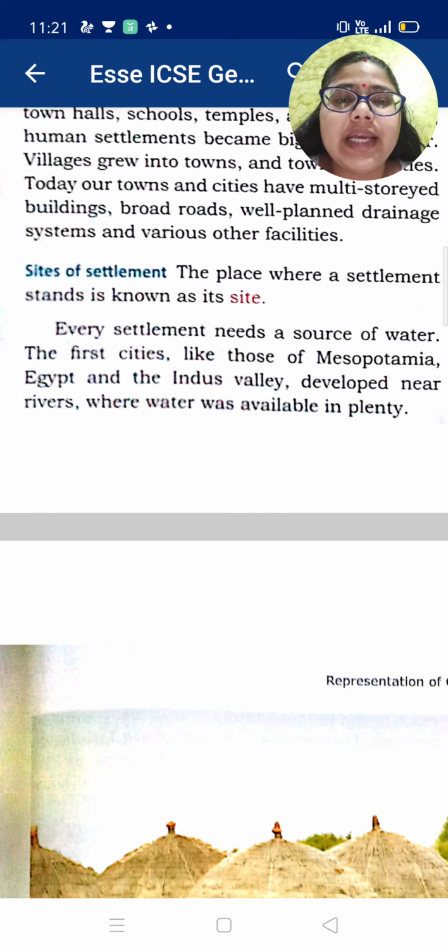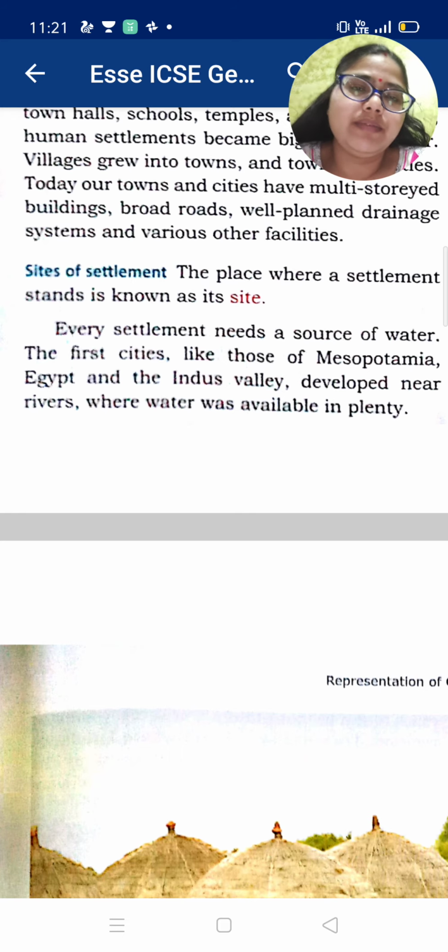The first cities like those of Mesopotamia, Egypt, and the Indus Valley developed near rivers where water was available in plenty. Okay, so earlier also, you must have read in your history books that earlier civilizations started establishing near the rivers.